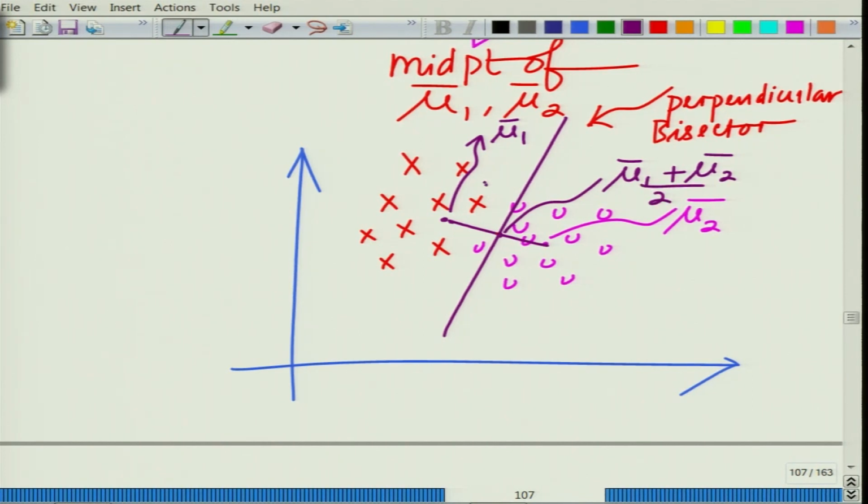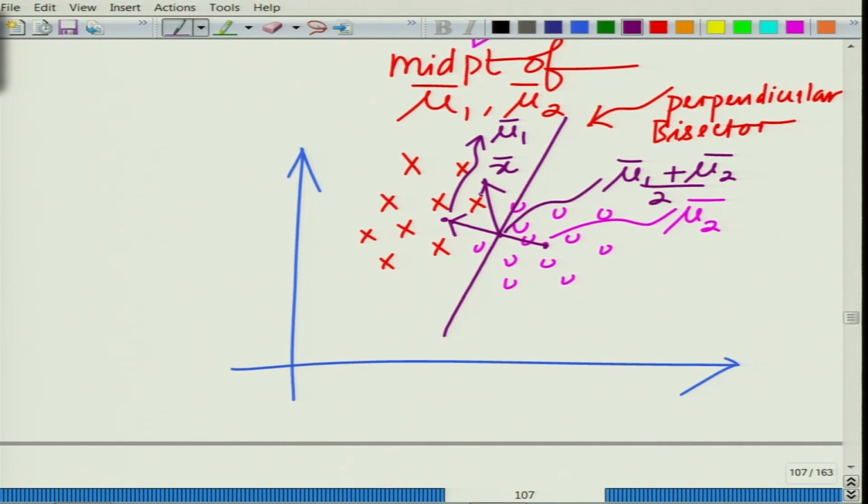Now, look at any point x bar. Now, mu 1 bar minus mu 2 bar is the difference vector. So, this is your mu 1 bar, this is your mu 2 bar. So, mu 1 bar minus mu 2 bar is the vector starting at mu 2 bar and ending at mu 1 bar, pointing towards mu 1 bar, right. Now, x bar minus x naught bar is this vector.